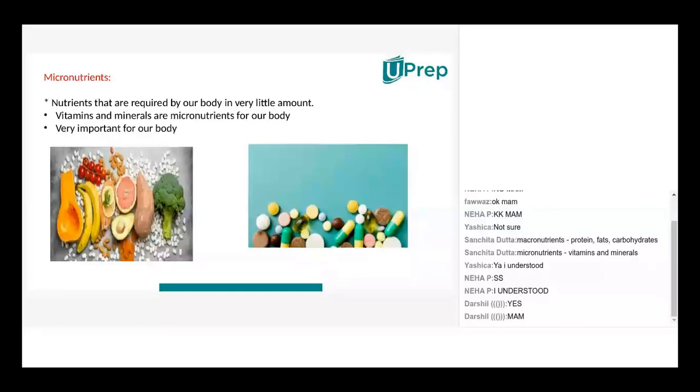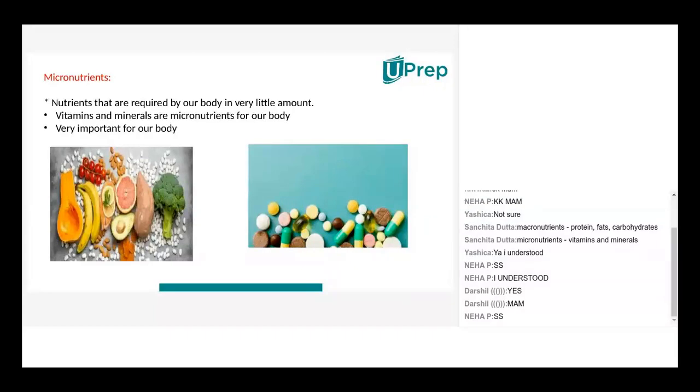Magnesium, very good. So these are magnesium, calcium, iron, phosphorus, zinc, molybdenum, selenium. The list is endless. There are a lot of micronutrients that our body needs for our day-to-day function.